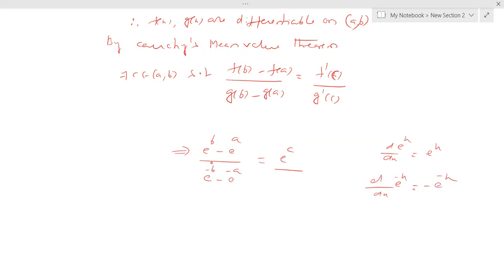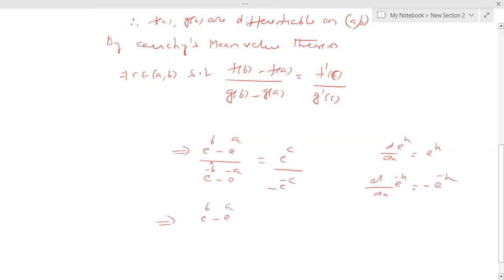This is nothing but g of x. We required g dash of c, so put x equal to c in the derivative: minus e power minus c. Simplify this expression and find c value in terms of a comma b.